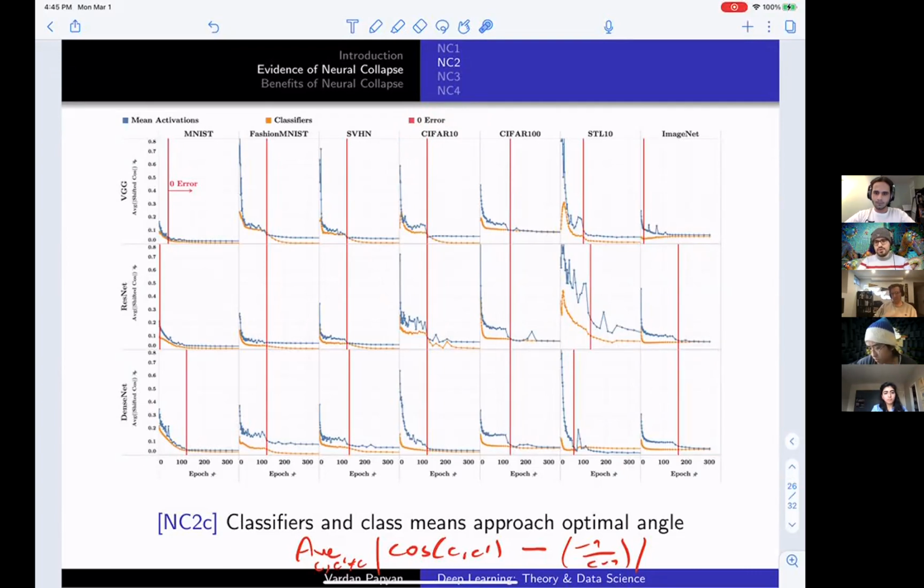I will actually show different follow-up works that derive several cases under which neural collapse occurs. And I think based on those, you might have an intuition for why it's harder to achieve it in the case of ImageNet. At this point, I agree that the plots are worse for ImageNet, but there are two possible reasons for that.